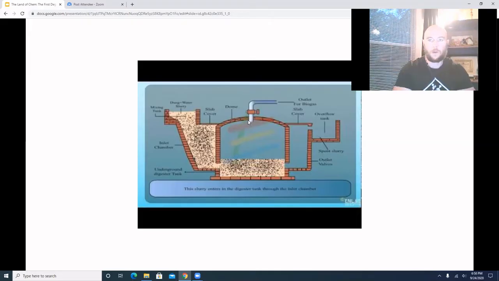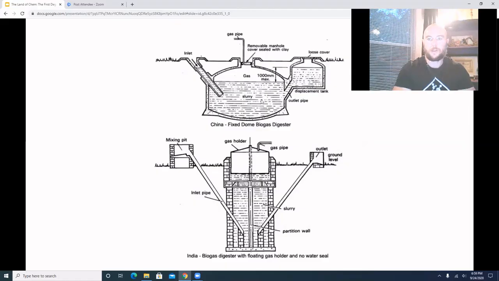So here's just another diagram depicting two different types of biogas digesters, one that has a fixed dome and one that has a floating gas holder at the top of the digestion chamber. And again, if you break these down into individual components of a manufacturing process, you have your mixing pit, let's call it an adjacent temple to the pyramid. You have your inlet pipe, or let's call it the inlet shaft leading into the primary chamber.